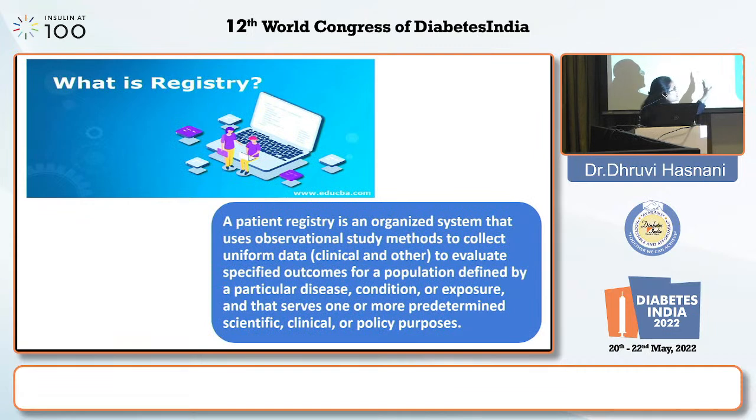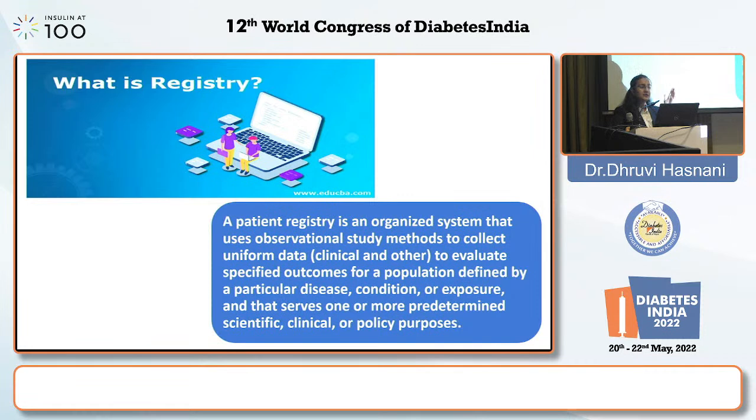So now what is a registry? We have to understand that there is a difference between EMR and registry. A patient registry is an organized system that will use observational study methods to collect uniform data, both clinical as well as other data, to evaluate specific outcomes for a defined population, for a particular disease.